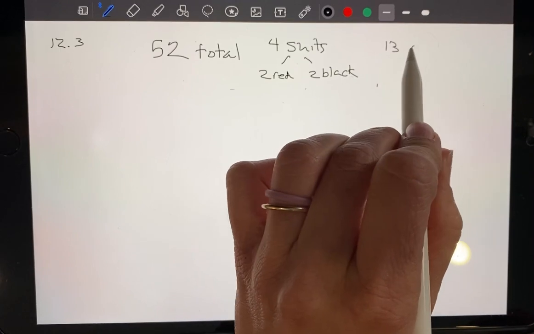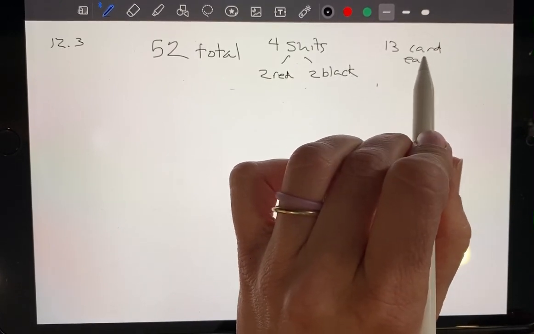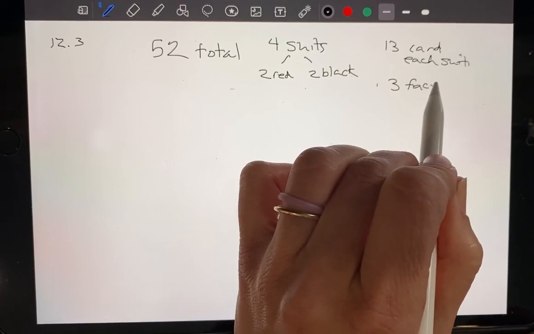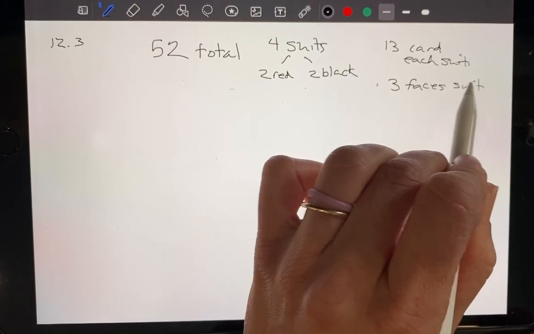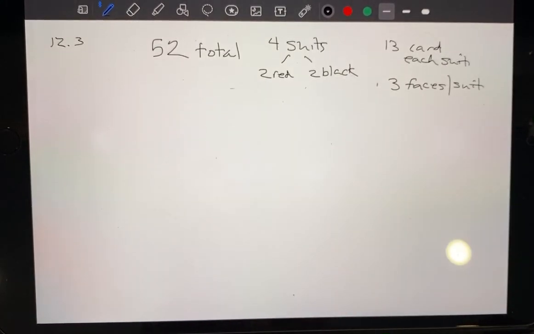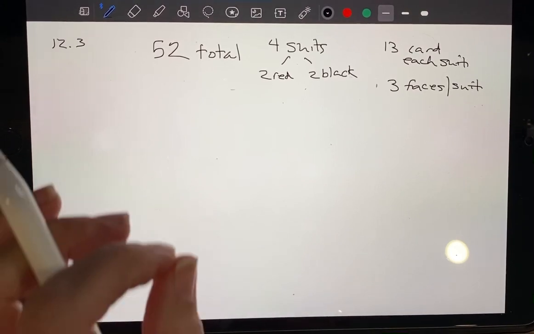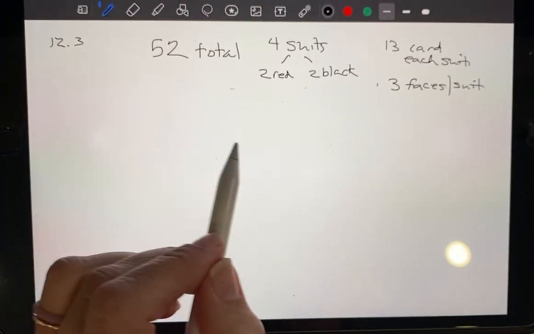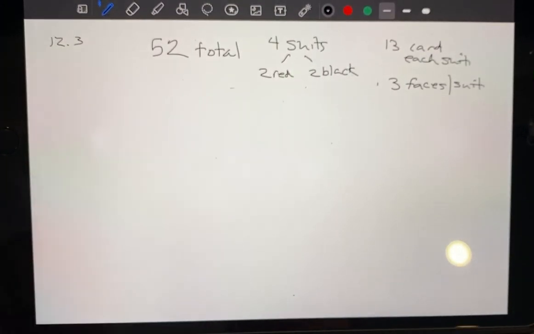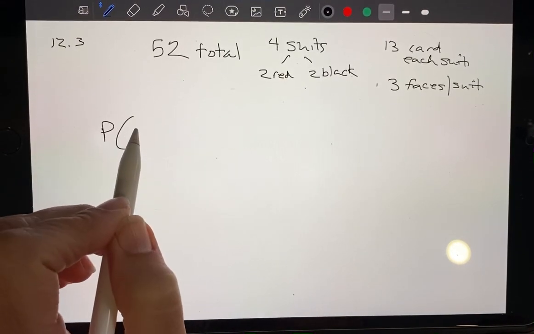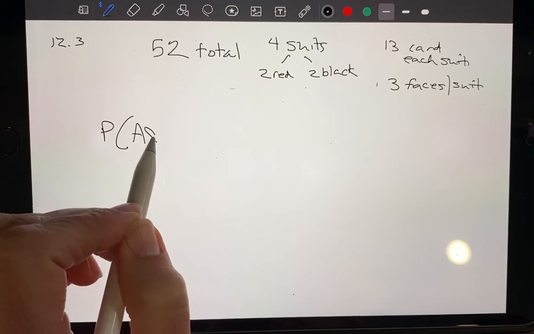There are 13 cards in each suit, and there are 3 face cards in each suit. Okay, so it says, what is the probability of drawing this specific given card? So remember, we've got this deck of cards. We've got all these cards. We're picking just one. We're picking one card out of it. So the probability of getting the Ace of Hearts.